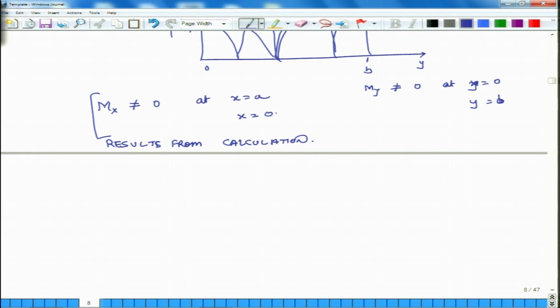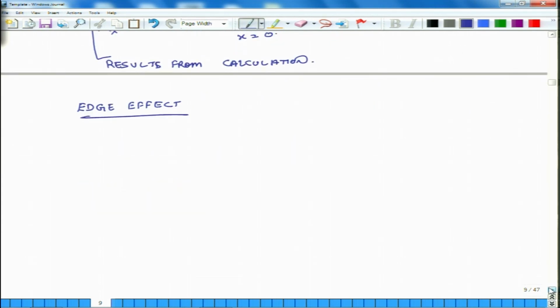So in the calculation of mx, we get an error. Okay. This difference between the actual value and the computational value is known as the edge effect. And the magnitude of mx on the edge will vary from point to point.